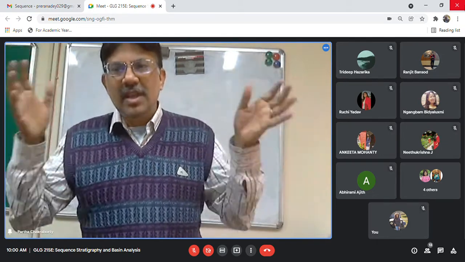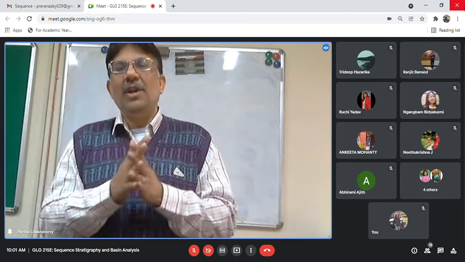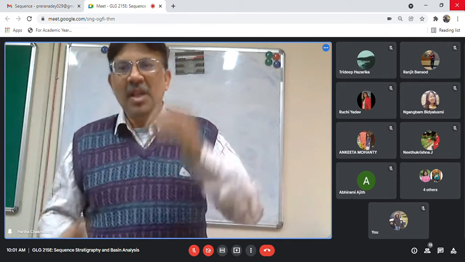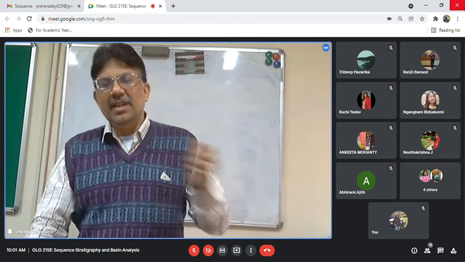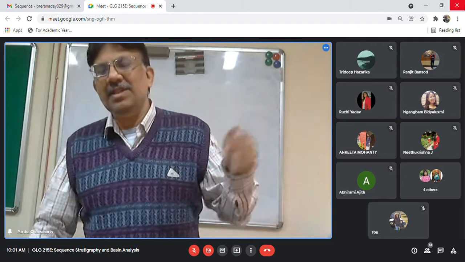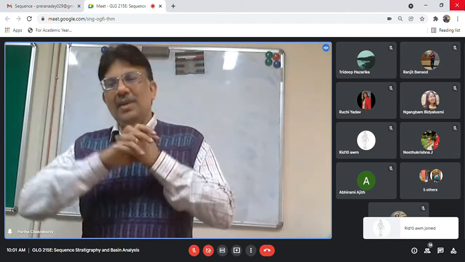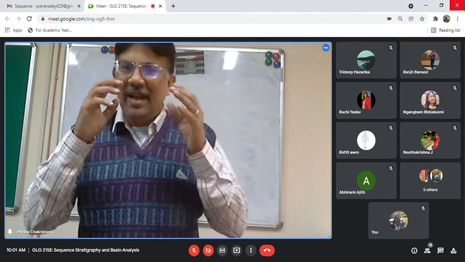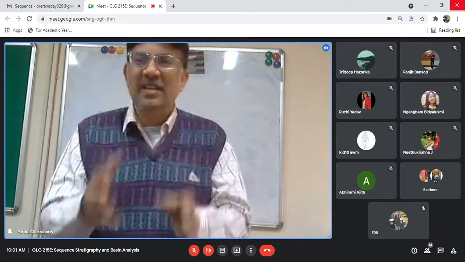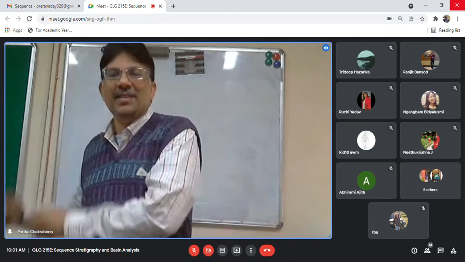So this exactly is what is called the basin analysis. We initially discussed how the basin gets formed, what its thermal subsidence is, what its mechanical subsidence is, and how the water and the sediment load then cause further subsidence.